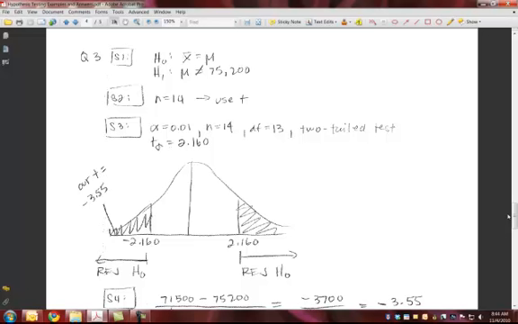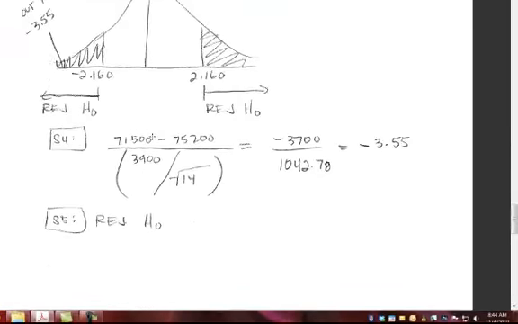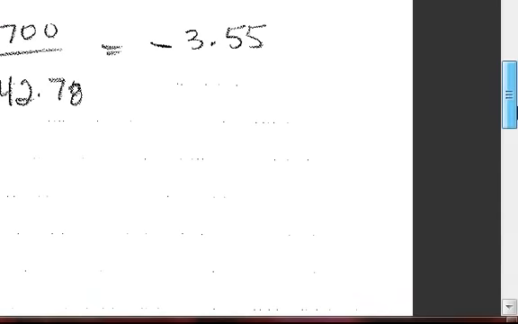So, because we have a two-tailed test, I draw the curve, I make one tail on the left of negative 2.160, and a positive one of 2.160, and I know that if I can get into these shaded tails, I reject the null hypothesis. So I do the test here, and I come up with negative 3.55. I stick it on our curve up here, and we see that again we made it into the shaded area, so we reject the null hypothesis in step 5.